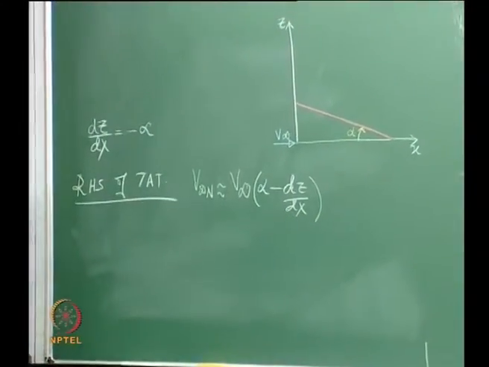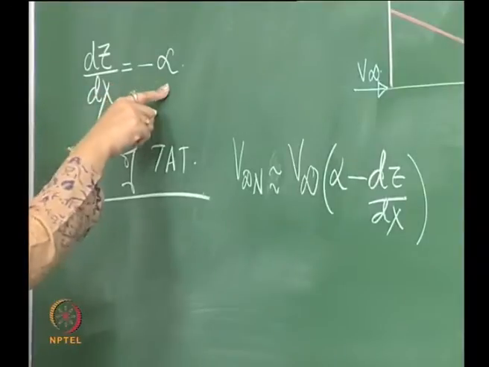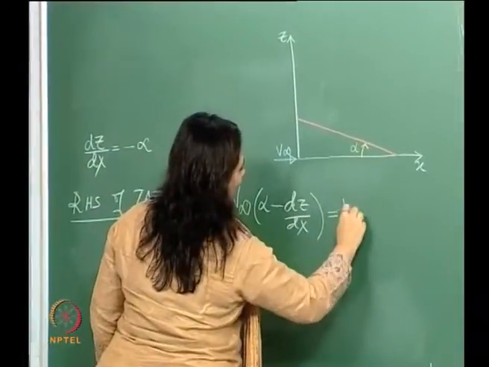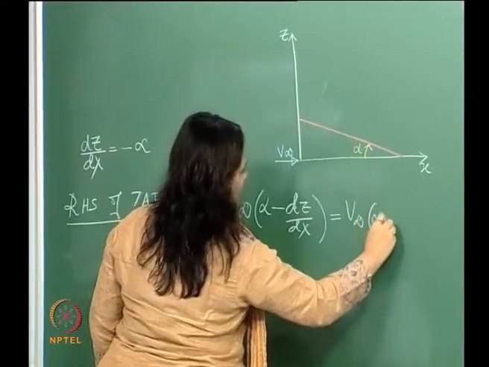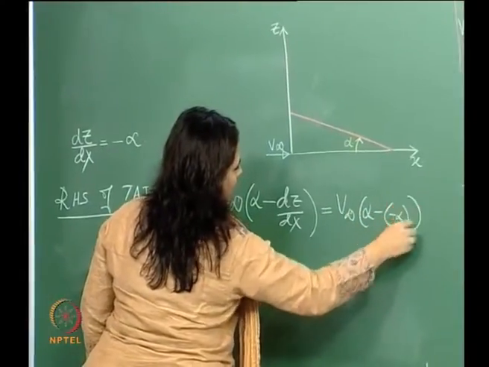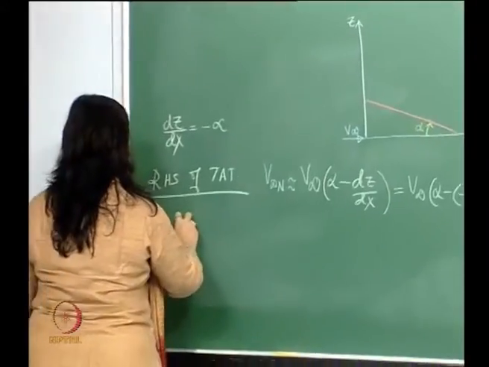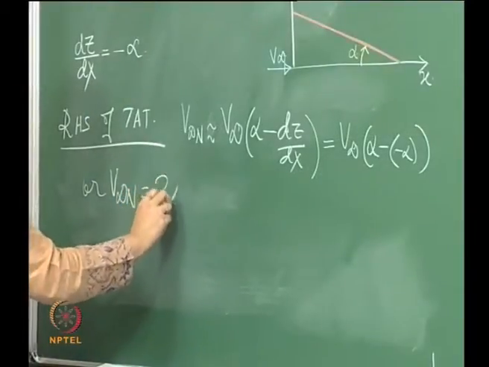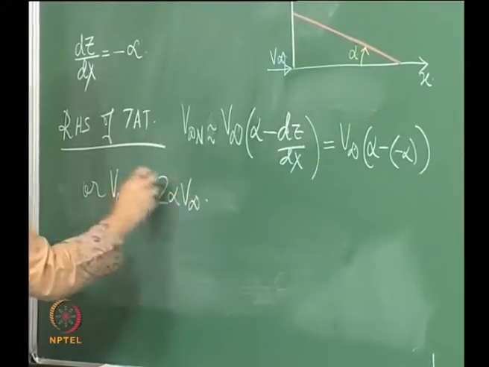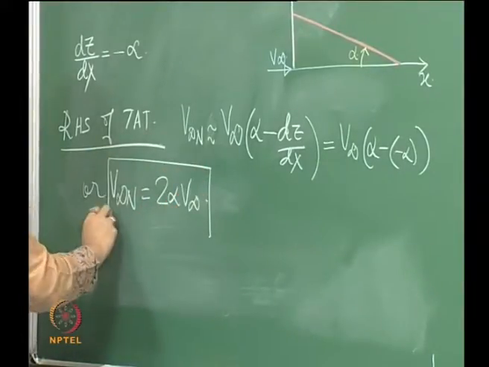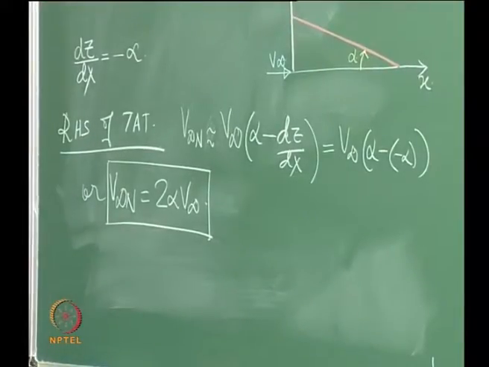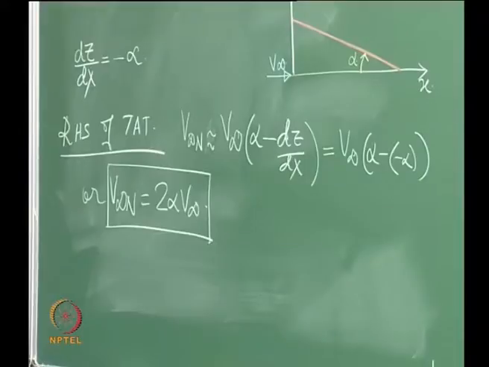Isn't it? And in this particular case, dz by dx is minus alpha. So what we have over here is the right hand side of it.